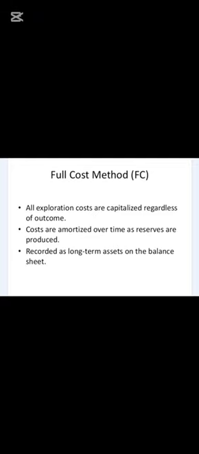Now, let us look at the advantages and disadvantages of the full cost method. Choosing the full cost method comes with a series of benefits and drawbacks. Until an impairment occurs, reported profit levels can appear to be deceivingly elevated, since the expense recognition for so many costs has been deferred to a future date.